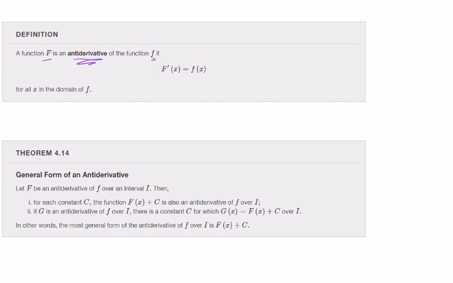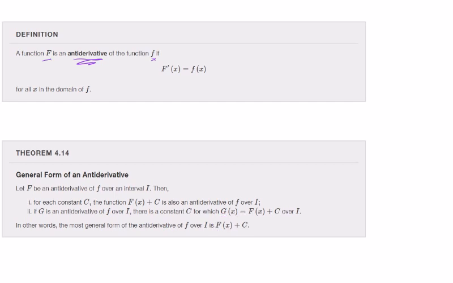And that's what we just saw in that last one. So if F prime equals little f, then capital F of x is the antiderivative of little f. And then the form of the antiderivative. This is talking about why we add the constant. F of x plus c is really how we write the general form of the antiderivative, and it's general because it can cover any function, right?